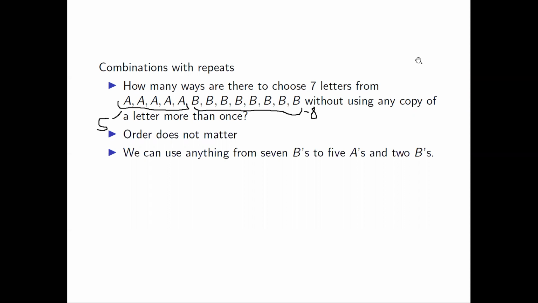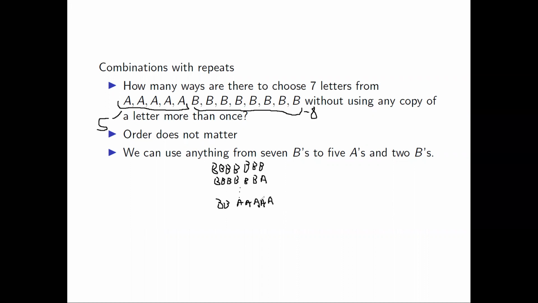We could also use down to 2 B's. So if we use 2 B's, we can use 5 A's with those. We can't use 1 B because then we wouldn't have 6 A's. There's not enough A's. So we can do anything from 7 B's, we can do 6 B's and an A, all the way down to 2 B's and 5 A's.